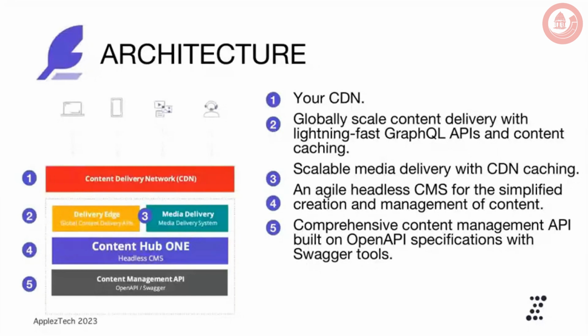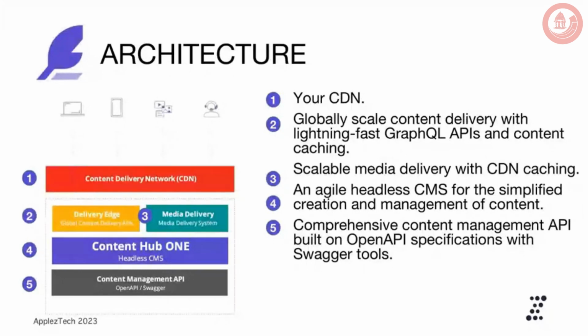The delivery edge is responsible for giving you the content back from your CMS using GraphQL APIs, and the media delivery is to scale and deliver your assets to the CDN.